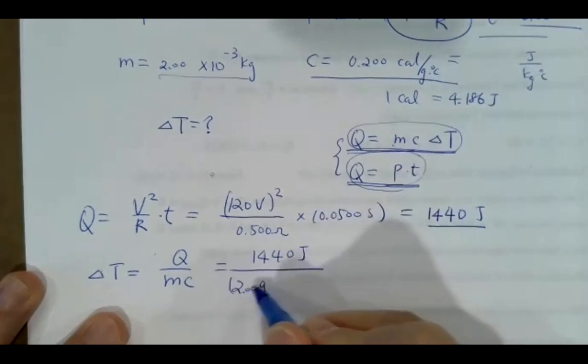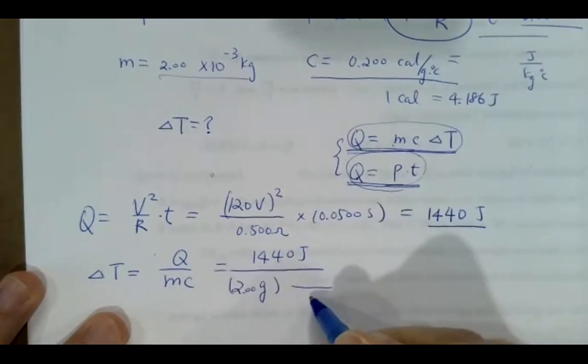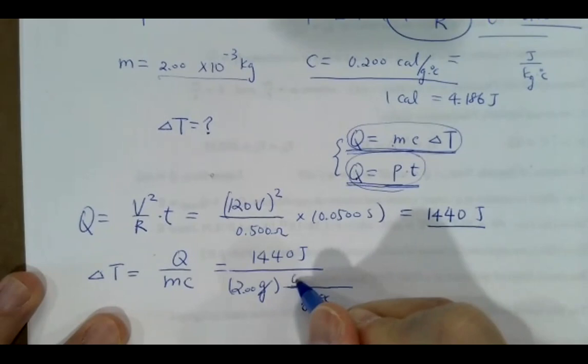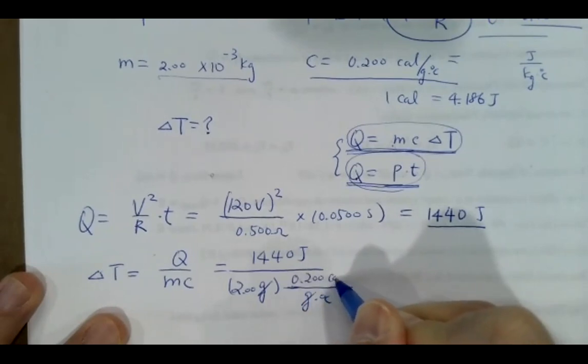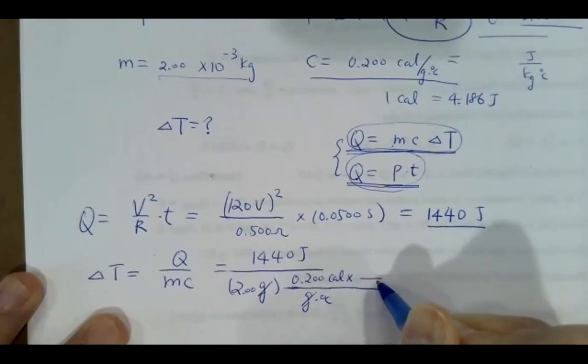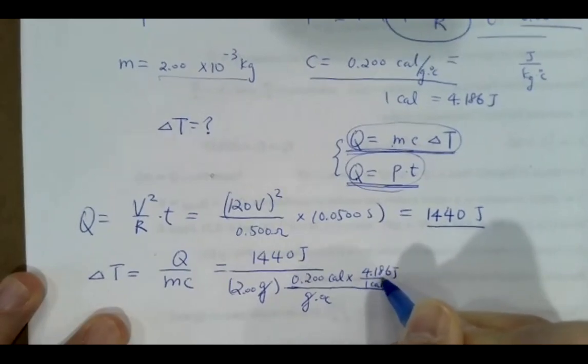Just use 2 grams here, and then this is grams times degrees Celsius, so that and that will cancel out. But this is 0.200 calories, so you do want to convert calories into joules. 1 calorie is 4.186 joules.